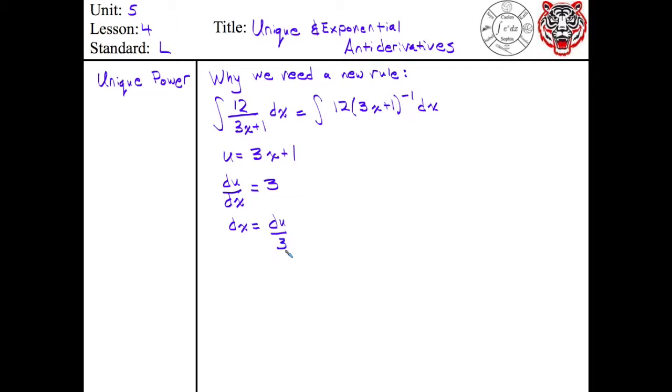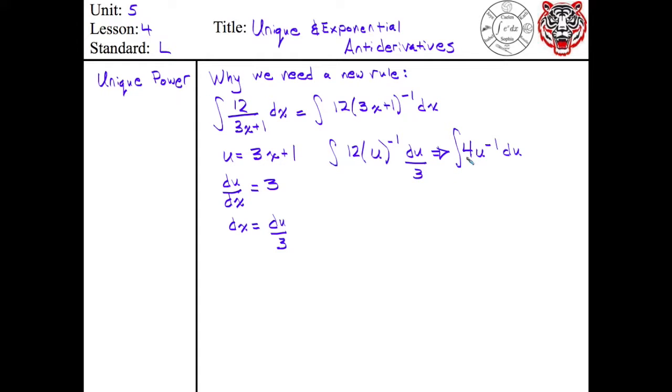Subbing in, our new integral is 12 times u to the power of negative 1, and dx now becomes du over 3, and that simplifies into the integral of 4u to the negative 1 du.